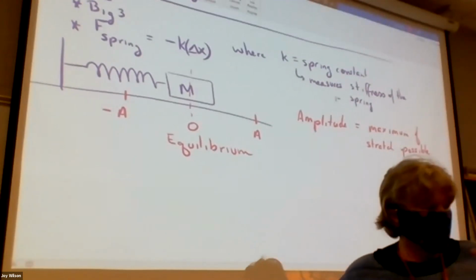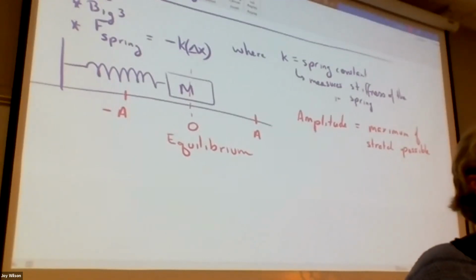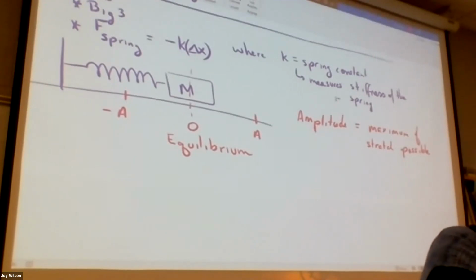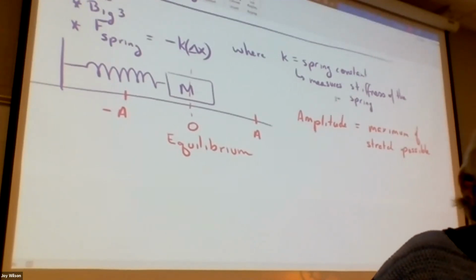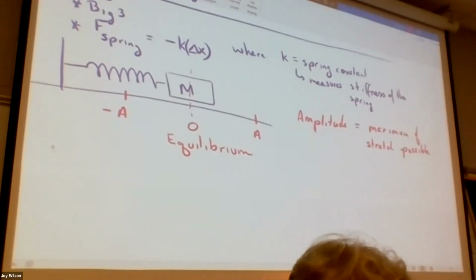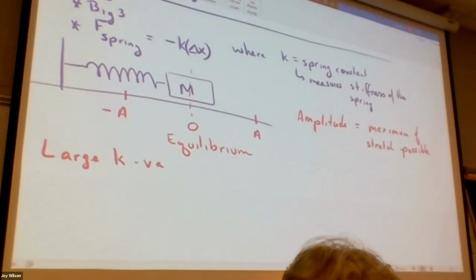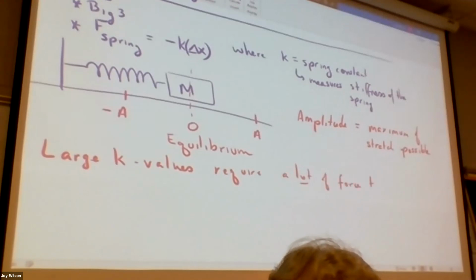So a spring constant for a school bus might be 10,000 newtons per meter, but the one that's in my pen might be 1/10 of a newton per meter. So the K value tells you how stiff or stretchy your spring is. Large K values require a lot of force to stretch or compress.